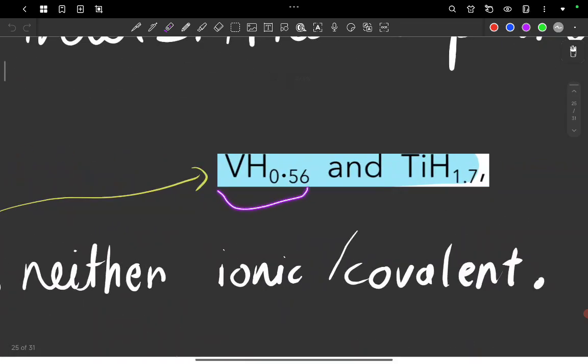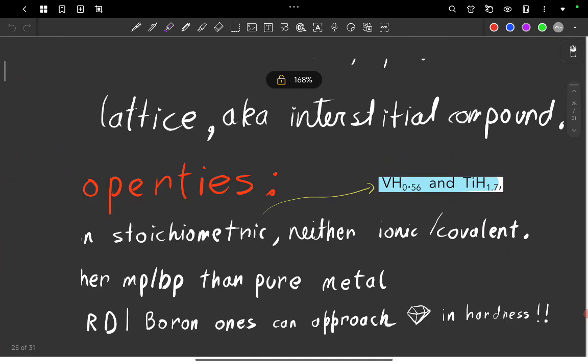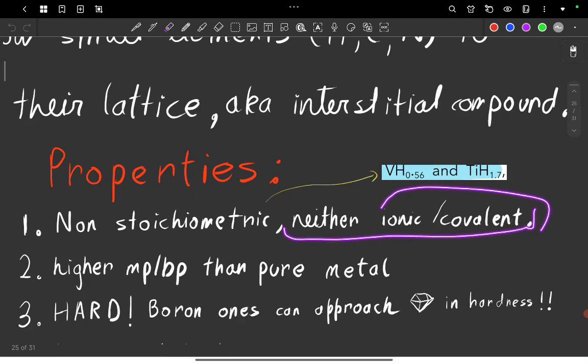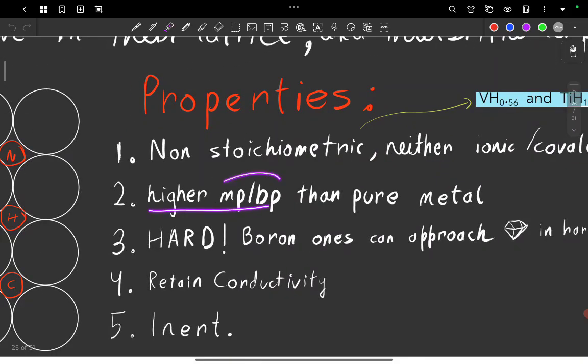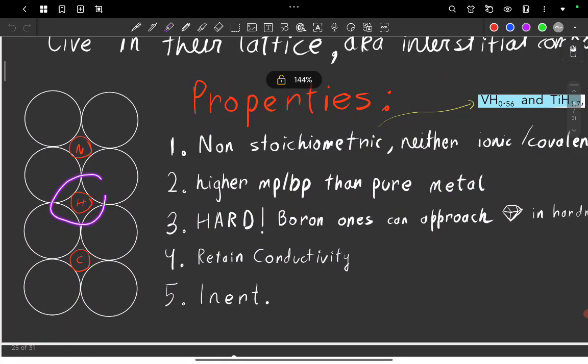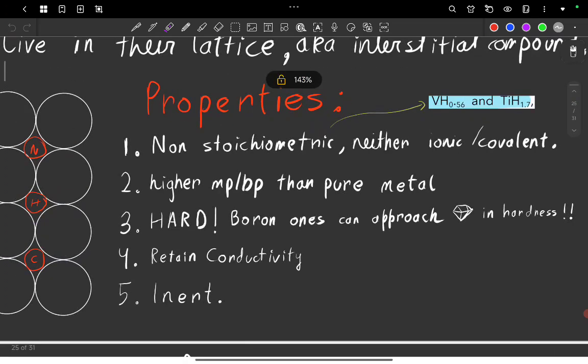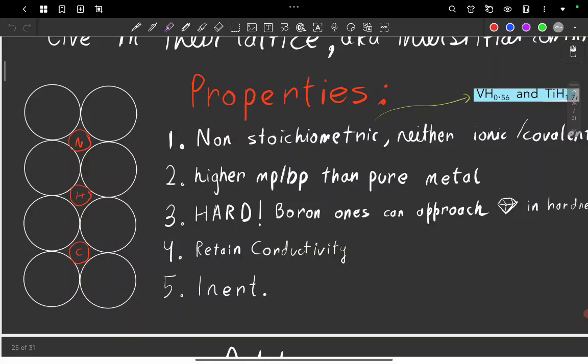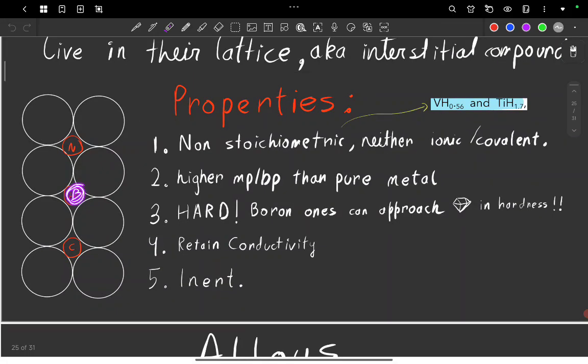For example, VH0.56 and TiH1.7 exist, and they are neither ionic nor covalent. They have higher melting or boiling points than the pure metal, thanks to the strengthening of the crystal lattice by these atoms, and they are very hard, like the interstitial compounds in which there is boron in between here.